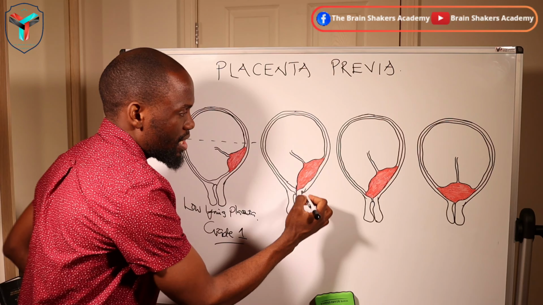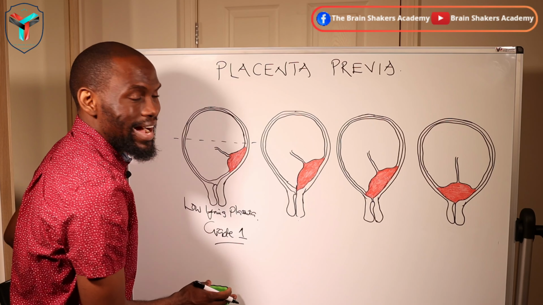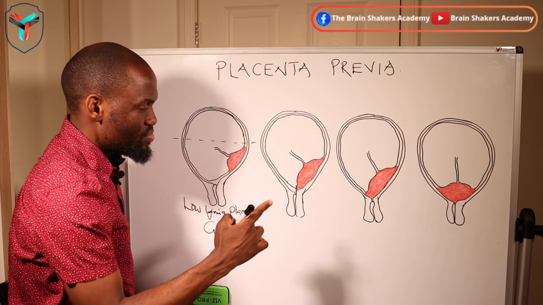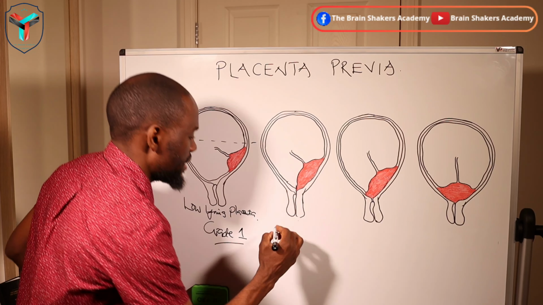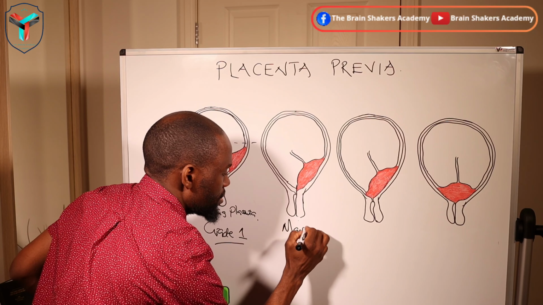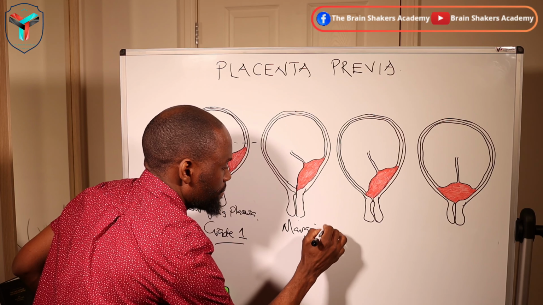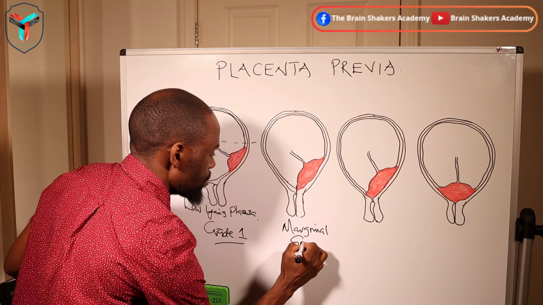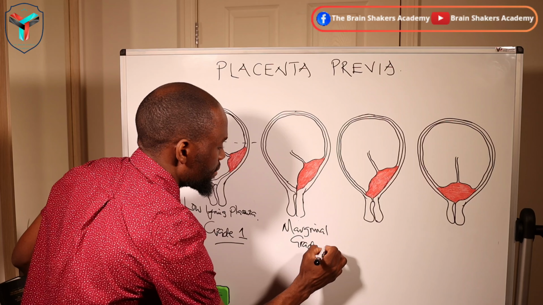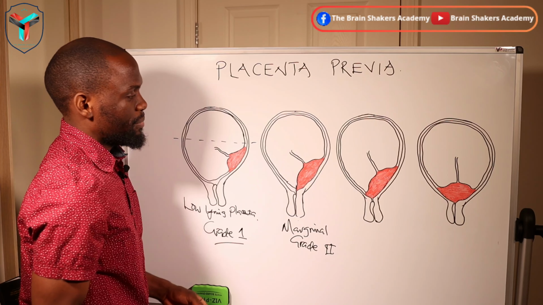So this one is going to be referred to as marginal because it reaches the margins of the cervical os, and it can also be referred to as grade 2 of placenta previa.